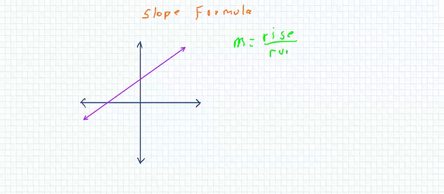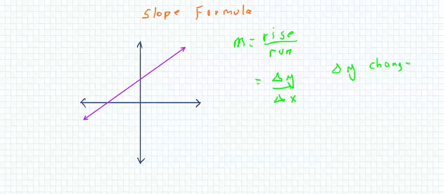We also mentioned that slope was the change in y over the change in x. Delta y, remember, is the change in y. Delta x is the change in x.